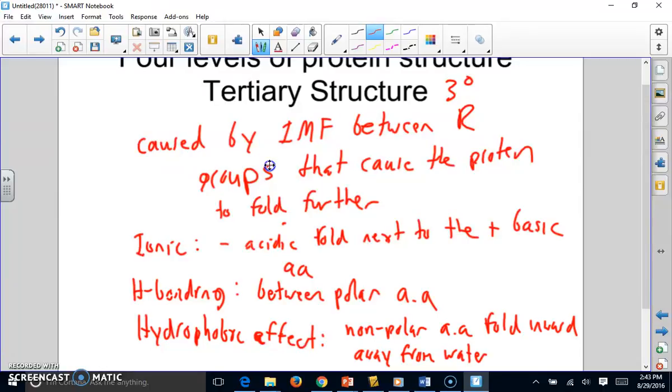All the non-polar amino acids fold inside so they can surround each other and protect themselves from water, so that the least number of hydrophobic amino acids are in contact with water. It's kind of what you see with oil when it separates from water: while all the oil is settling on the top, only some of the oil is in contact with water. Same thing with the hydrophobic effect. All the non-polar amino acids go in the middle to be protected by the polar amino acids from water.